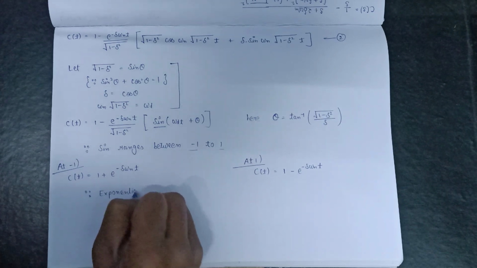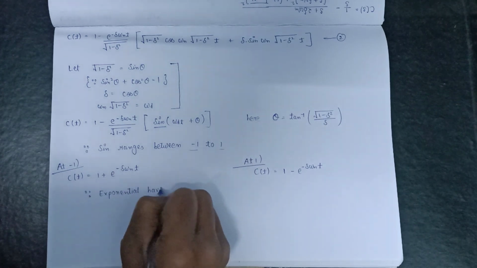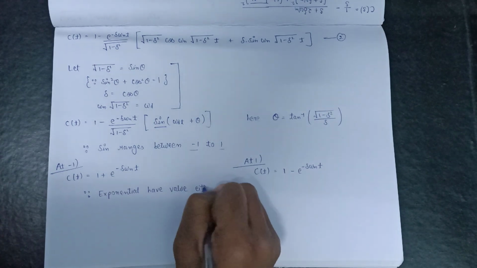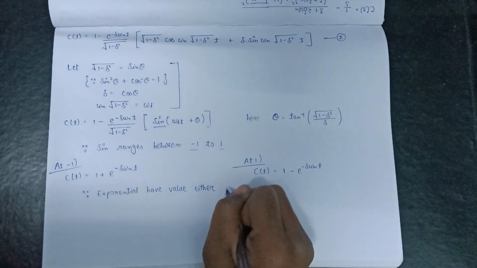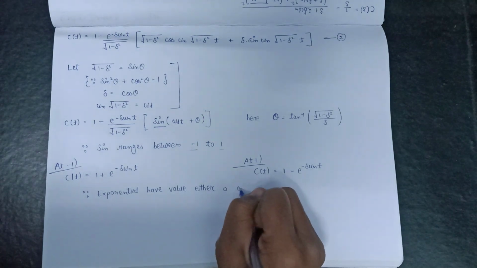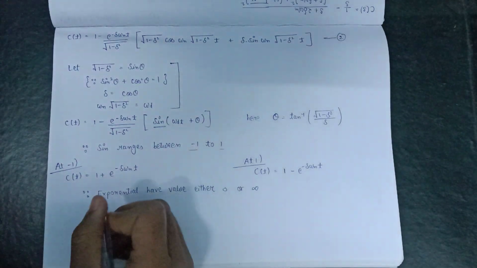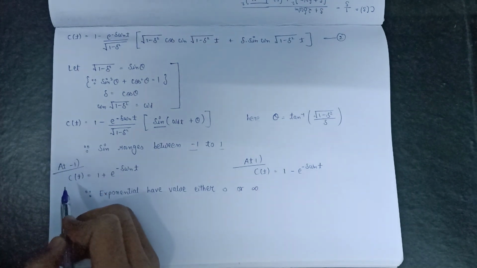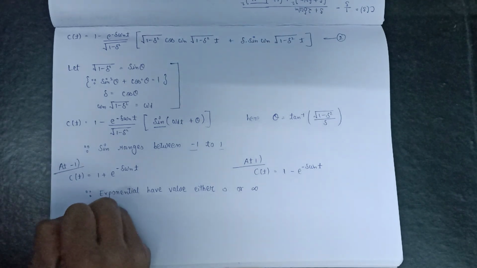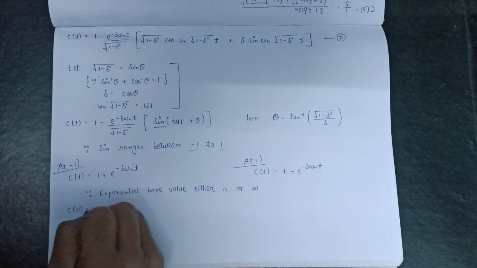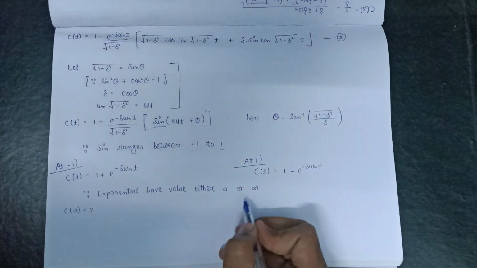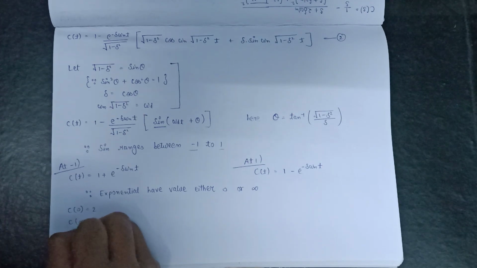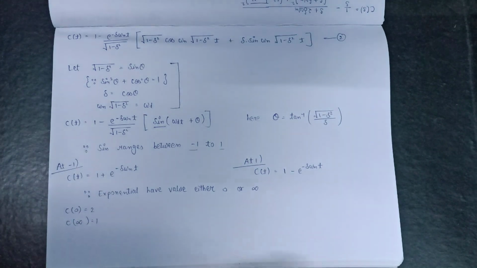Then if we replace t with 0, c of 0 will become 2, and if we replace t with infinite, then c of infinite will become 1.